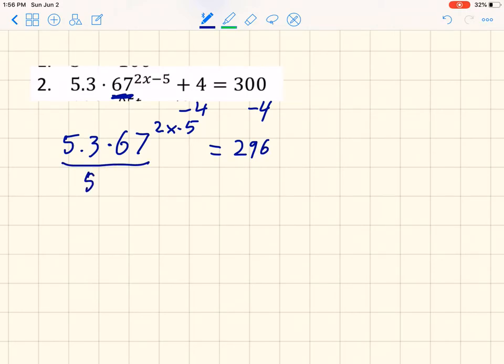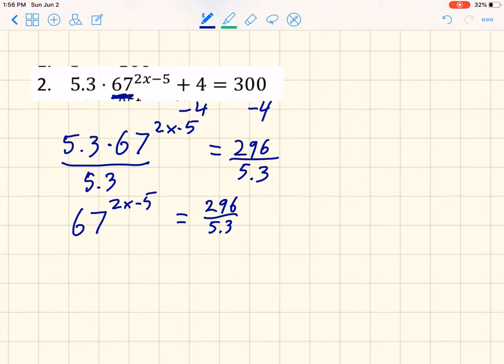We'll divide by 5.3. So 67 to the 2x minus 5 is equal to 296 over 5.3. And I'm just going to leave that as a kind of ugly fraction there. I'm fine with that because we'll let my calculator do the work later on.